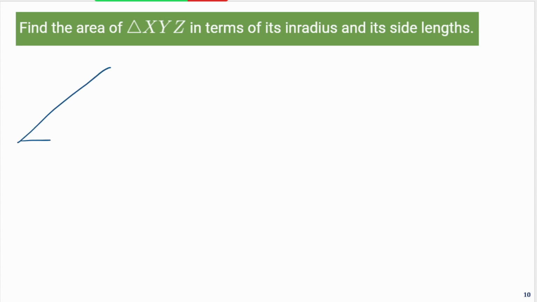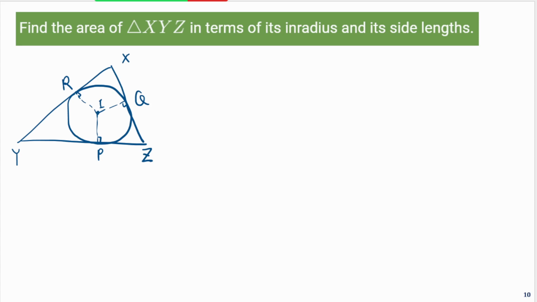For example, if we consider a triangle here, suppose this is its incircle, and this is the center of the incircle. We know that the three radii are perpendicular to the three sides like this, right? Let's call the perpendicular feet P, Q, R respectively.